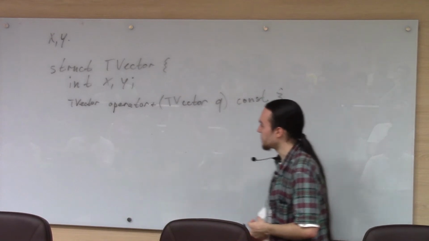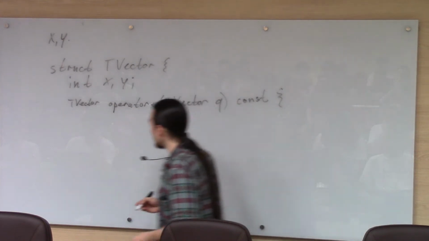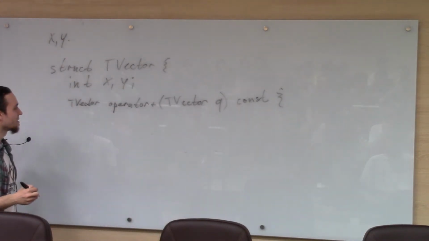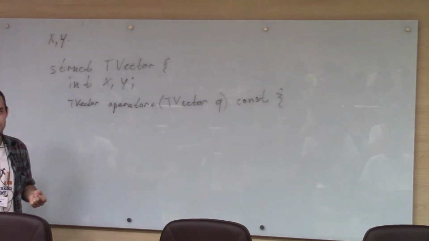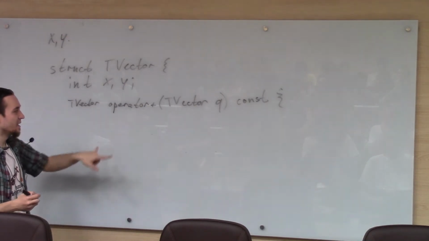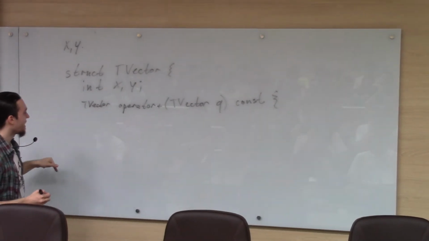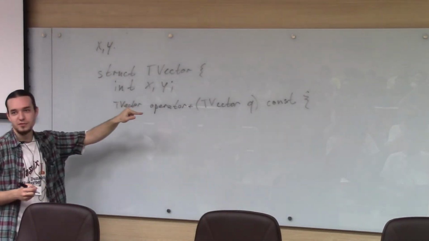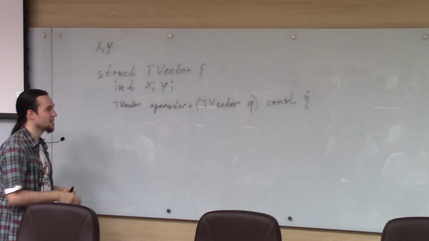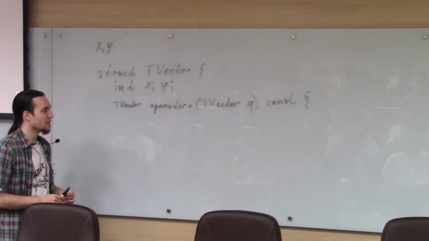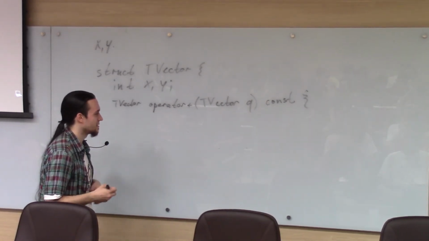Okay, so now we have to return a vector that is formed by sums of coordinates. So here, in an older standard of C++, we would have to create a new vector here, and then set its fields here, and then return it. Or we would have to define a constructor, where we would write T vector of sum of x's and sum of y's. But there is a thing called initializer list class initialization.